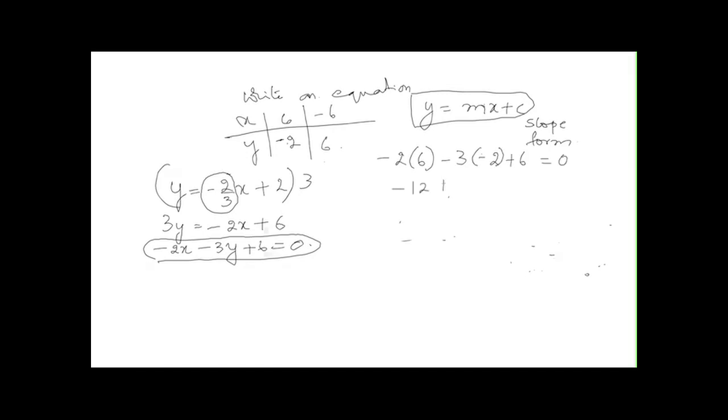Then I have to put this value: minus 12, plus 6 plus 6, I should get 0. Do we get 0? Yes, ma'am. So this is the equation for this.